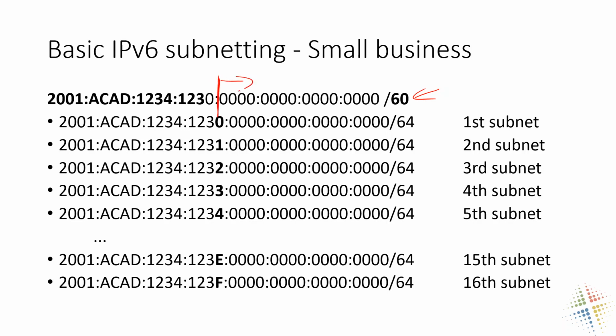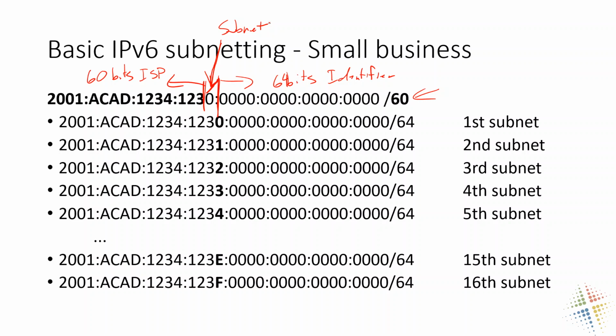This, in this direction, this is 64 bits of my host identifier. Right here, this is my 60 bits from my ISP, which means this right here is what I can use to subnet.